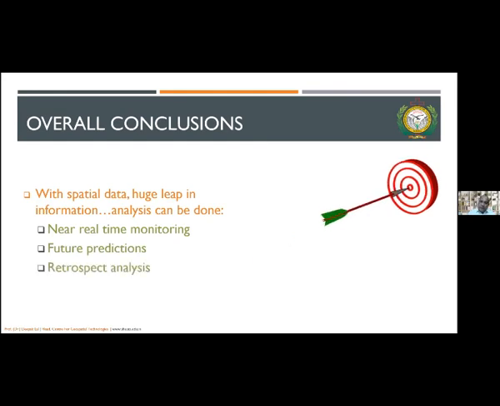We can go back into the history and see what was happening in a certain year, in certain climate conditions, in a certain area, and then compare it with our current scenario.